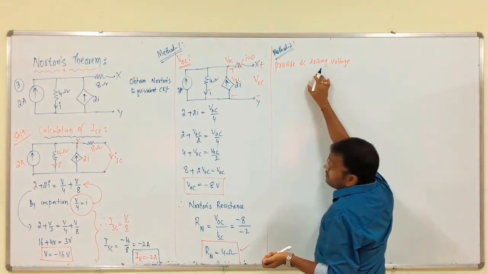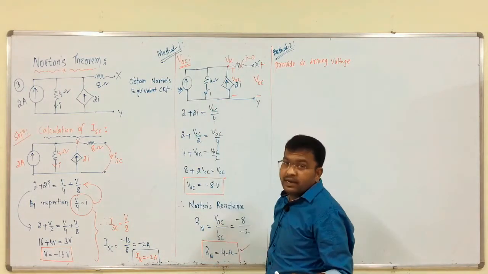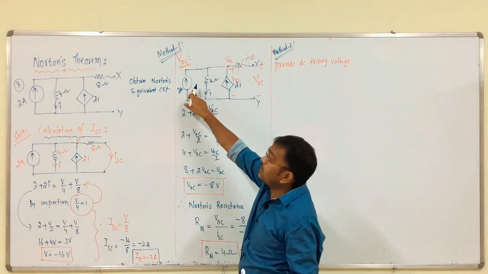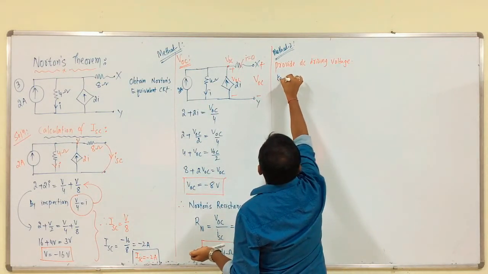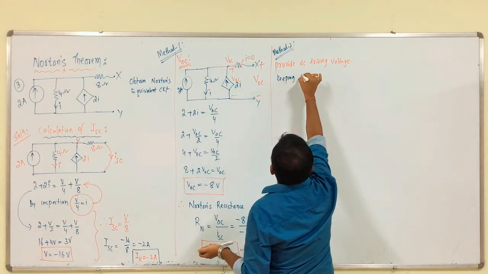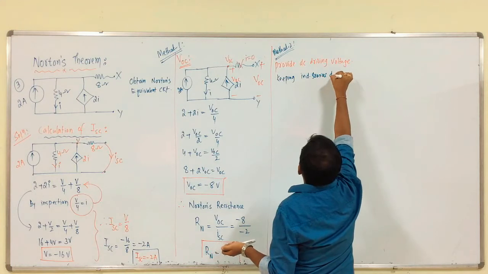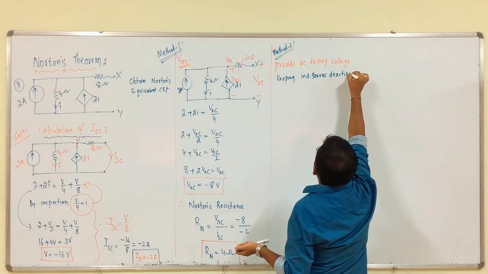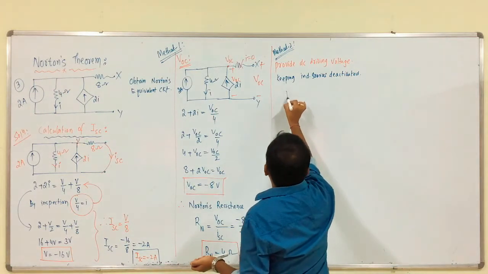While providing the DC driving voltage, we have to deactivate the other independent sources. Therefore, the current source is open circuited, keeping the independent sources deactivated. That is it.